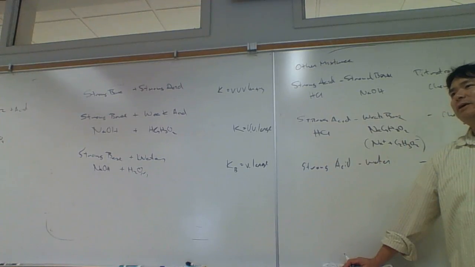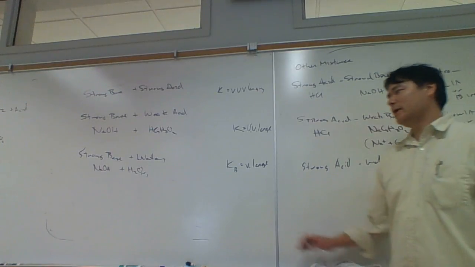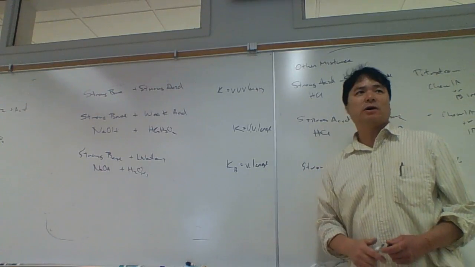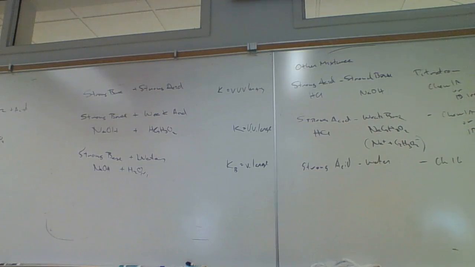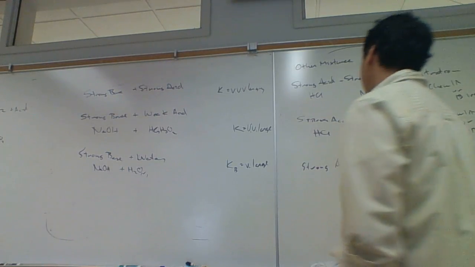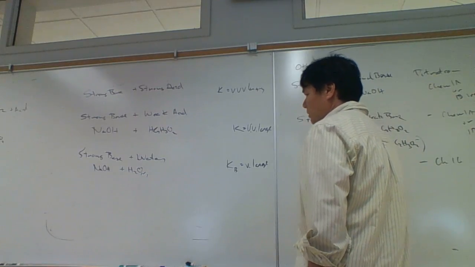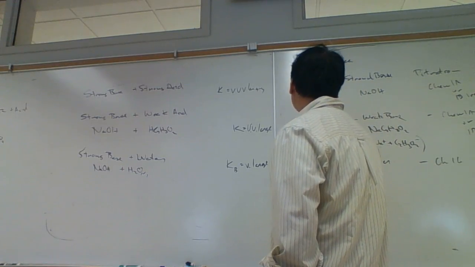The take-home point is strong acids and strong bases react to completion. They're always going to react to completion because the worst acid or worst base is going to be water, and it's still going to react to completion with water. Although we could have an even weaker one, you know all these are aqueous solutions, so it'd be the worst potential.